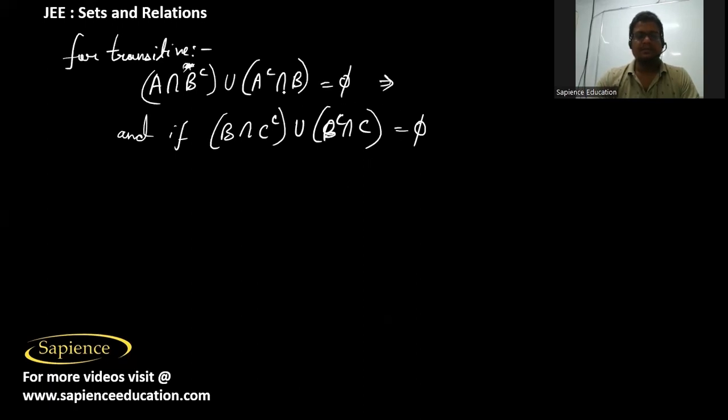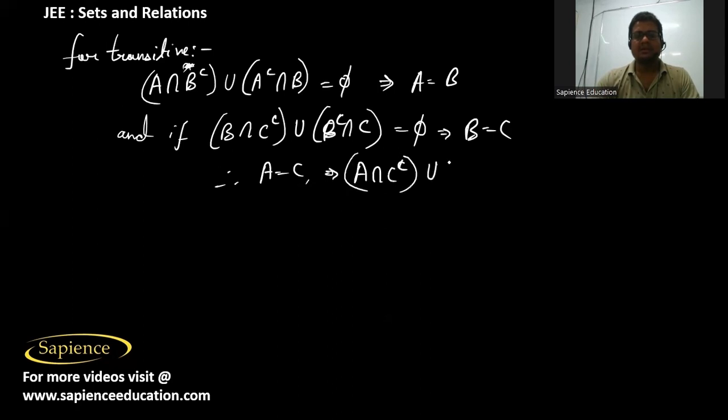So this means that A should be equal to B, and this also means B should be equal to C. So therefore A should be equal to C, which also means that A intersection C complement union A complement intersection C will also be equal to phi.